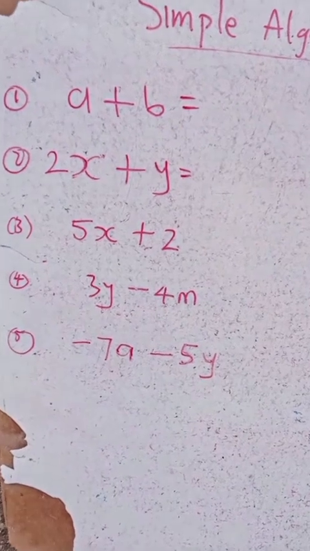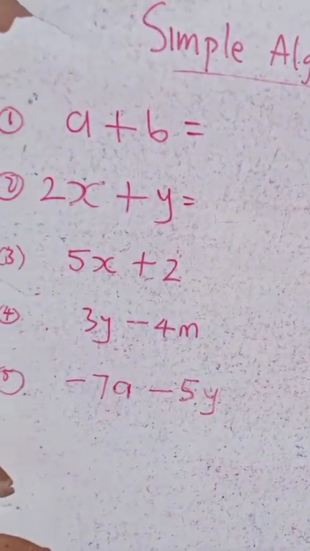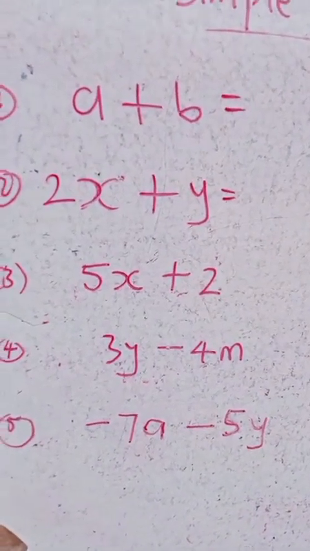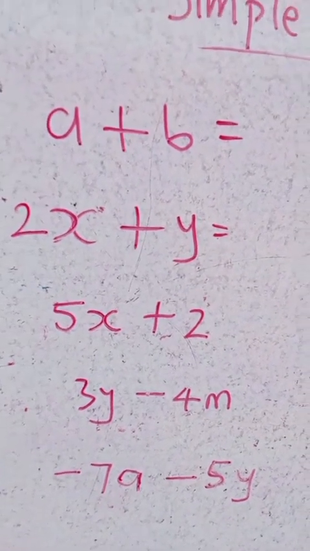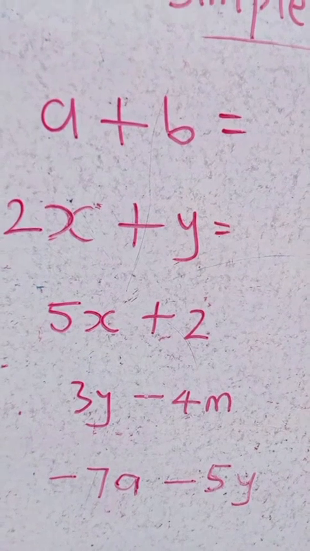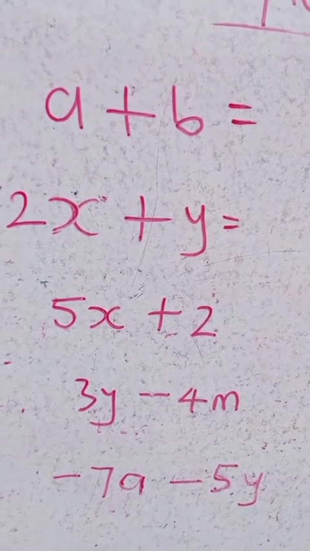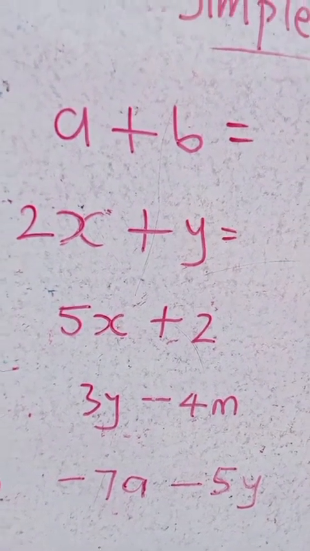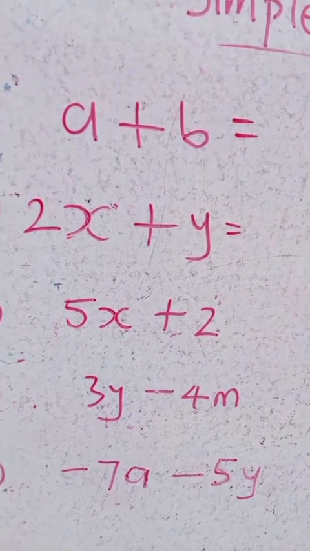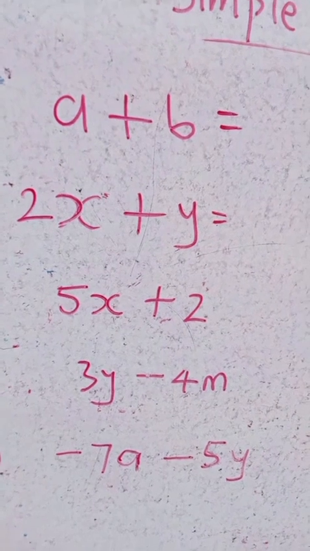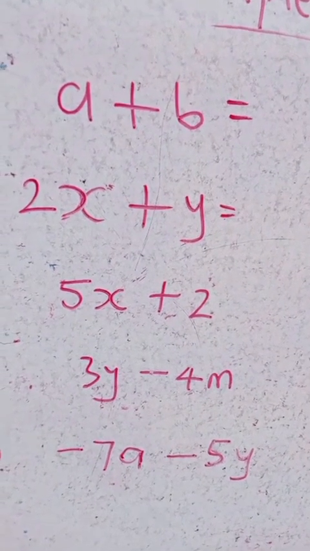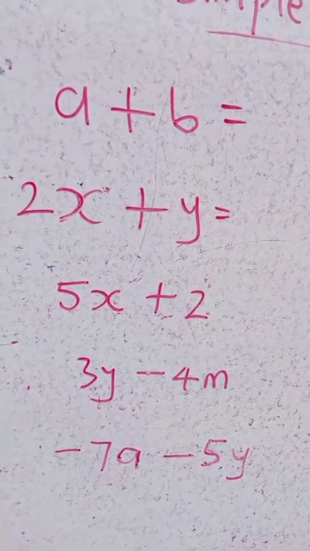All right. Question 1 says A plus B. We have 26 alphabets, and all of them are just on their own. A is as much as B, is as much as Z. It's just that they are different.